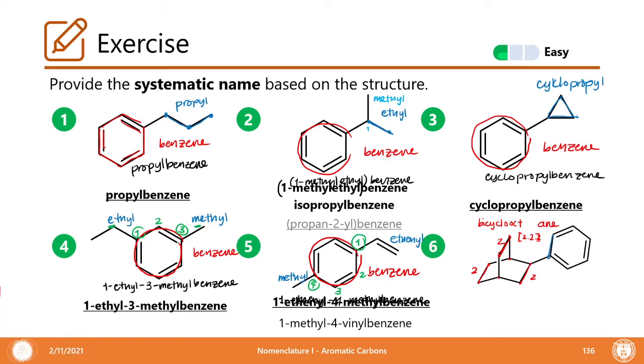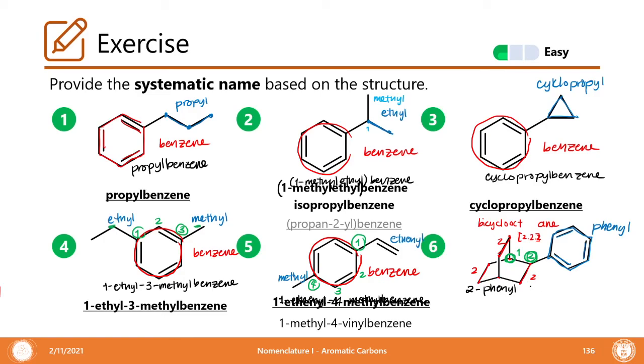So this is the substituent. We have a benzene ring here. And what's the substituent name for our benzene ring? Well, it's phenyl. Bridgehead will always be 1, and then this will be 2. So at the 2 position, we have a phenyl group.